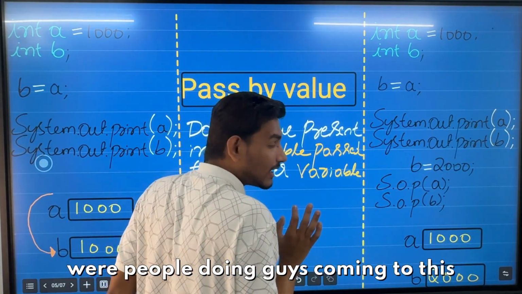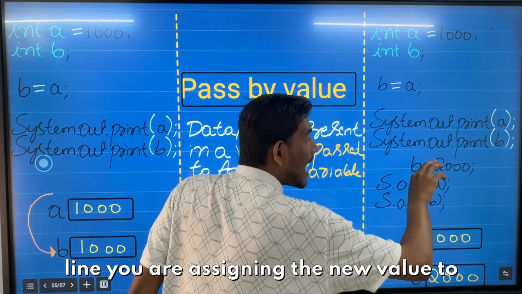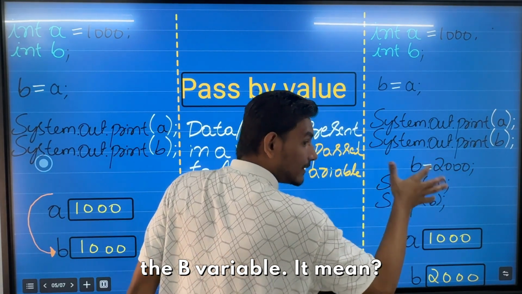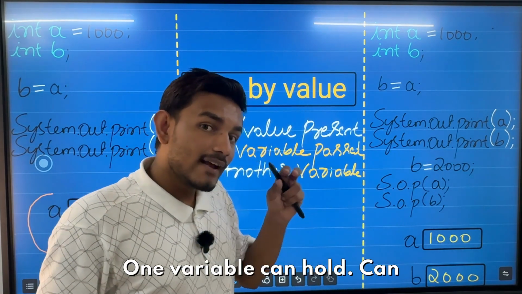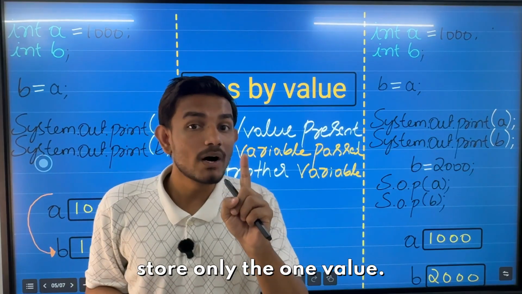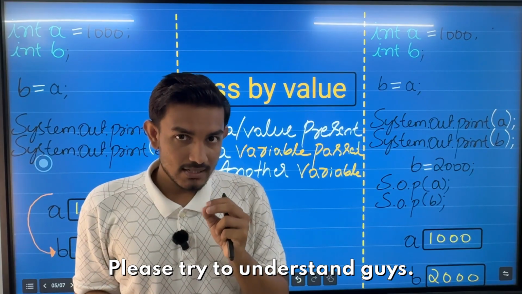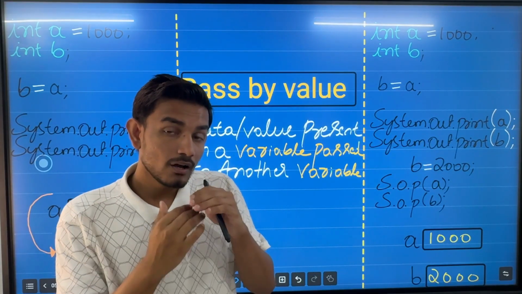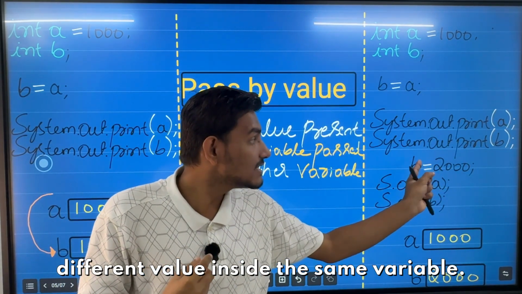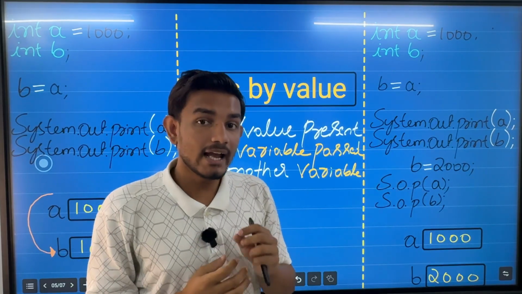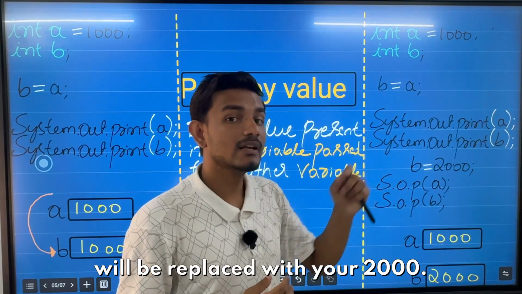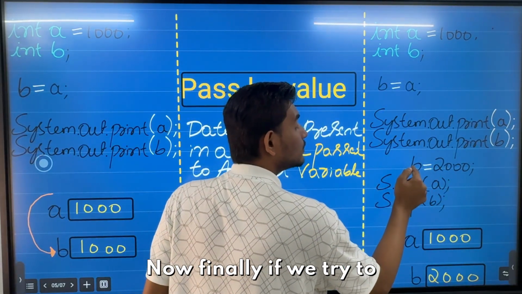After which, what were you doing? Guys, coming to this line, you are assigning a new value to the b variable. It means one variable can store only one value. Please try to understand, guys. If you are trying to store a different value inside the same variable, initially this 1000 will be replaced with 2000.